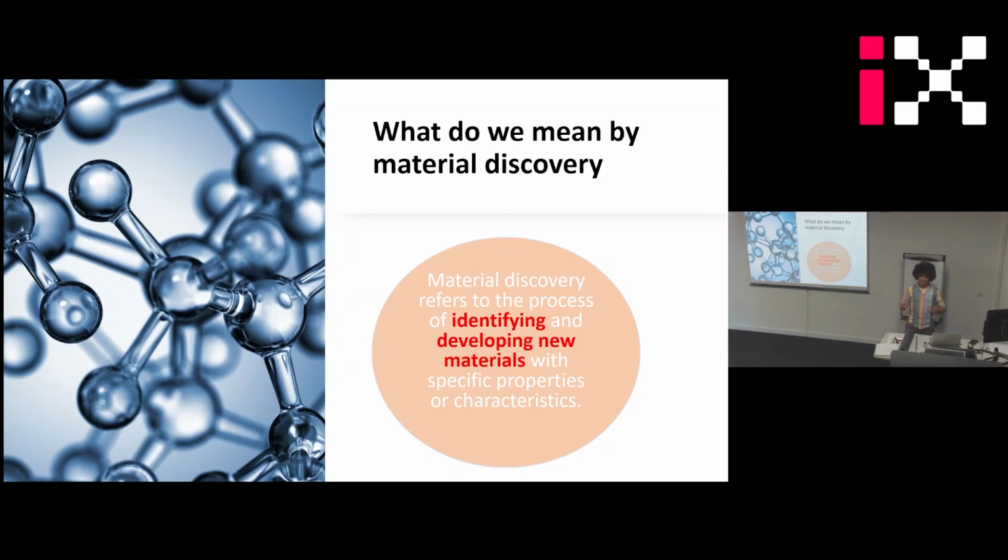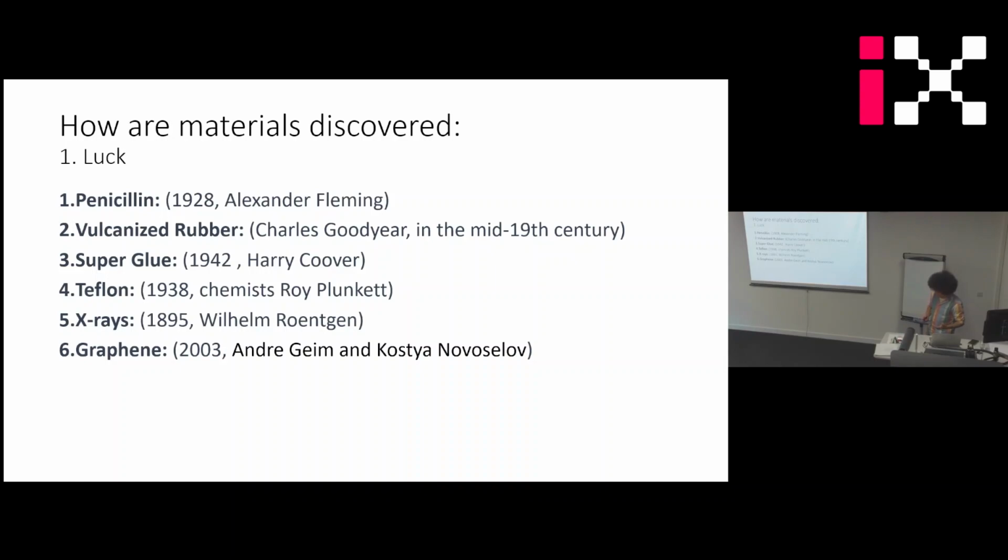That might have been useful a few hundred years ago, but nowadays most materials are found through new synthesis, by trying different approaches, or isolating new materials from one another. It's not as easy as stumbling across a new thing, but that's my understanding of material discovery. And how does it work? How do we discover materials?